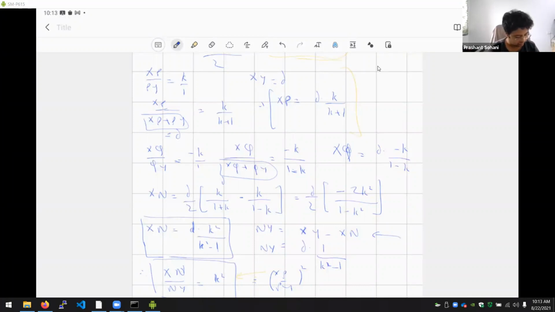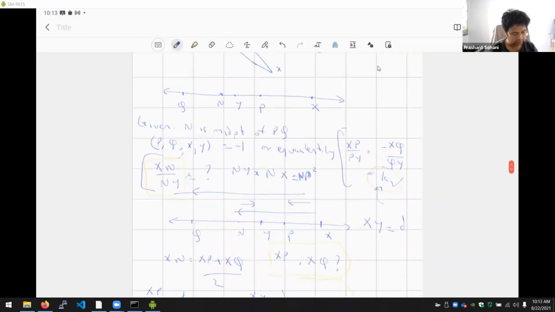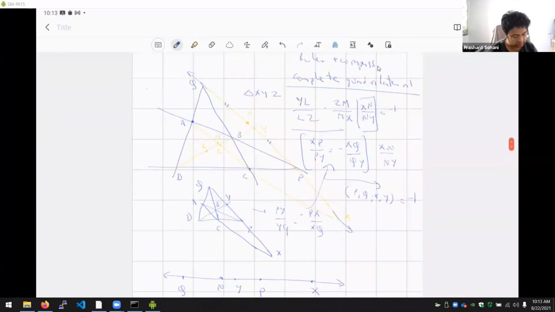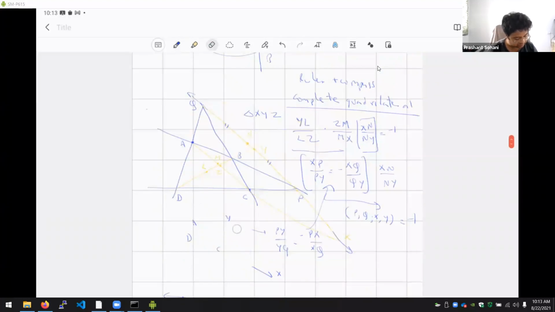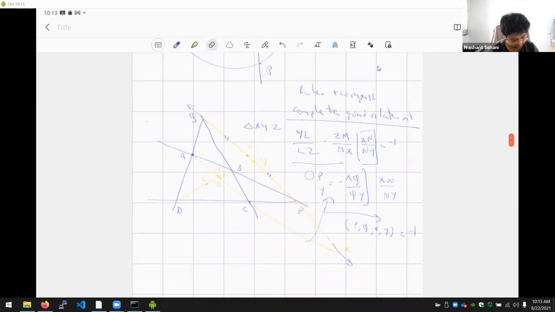Okay, so having understood these things, let us go back to the main question. What does this imply for us? What do we want to show here really? Does this bring us any closer to what we want to prove or not? That is the question here. So in this diagram, xn upon ny, from what we showed right now, is xp upon py whole square.